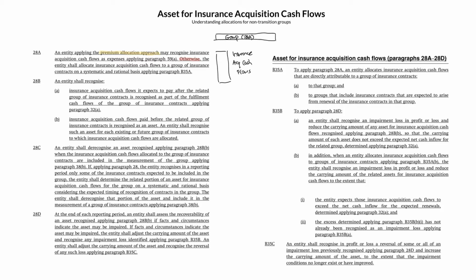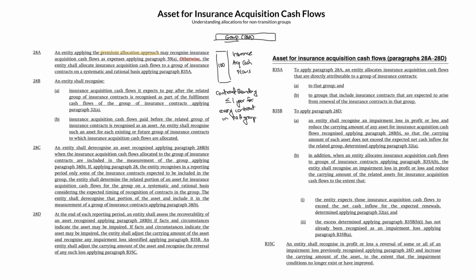Let's just say you associate insurance acquisition cash flows of 100. So you're really saying that I've identified 100 worth of insurance acquisition cash flows related to the premium allocation approach measurement of this group, and let's just assume that every contract in this group has a contract boundary less than or equal to 1 year, in the PAA group.